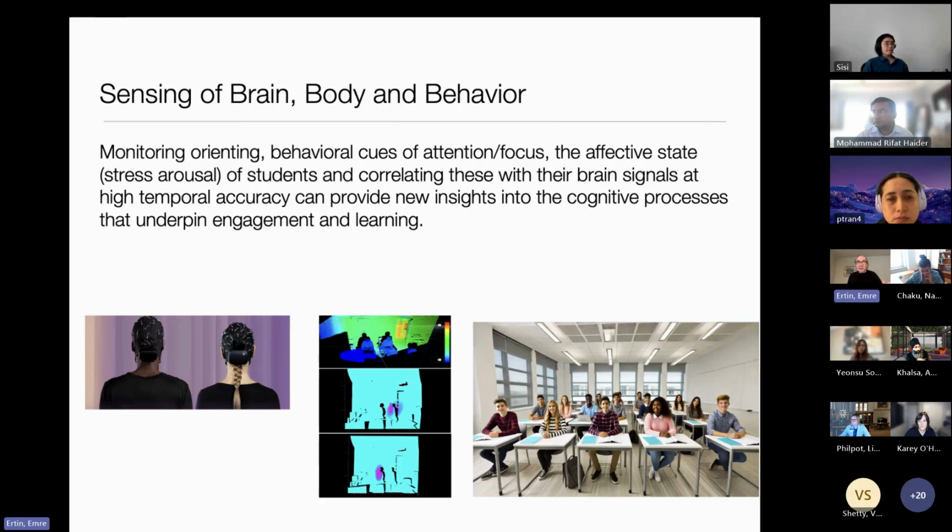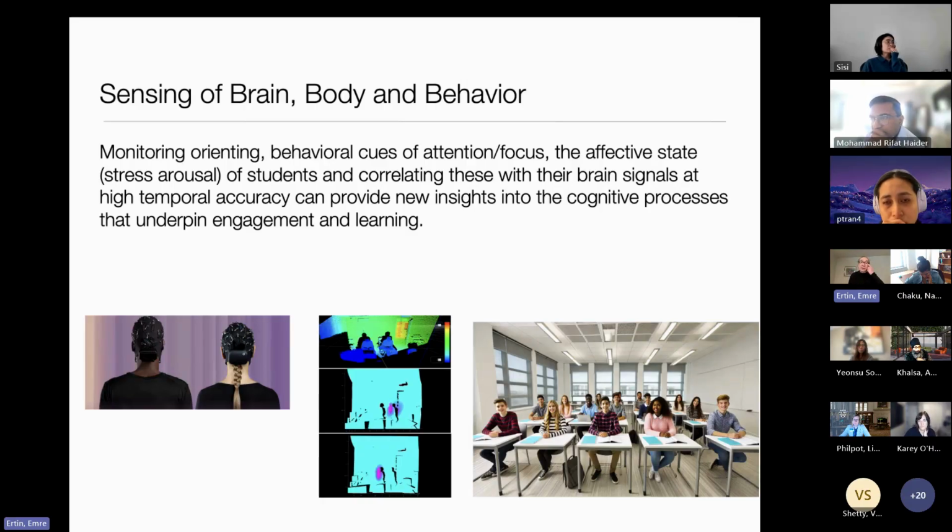For example, as people in academia and elsewhere, we are interested in understanding the cognitive processes that explain the engagement and learning of our students.